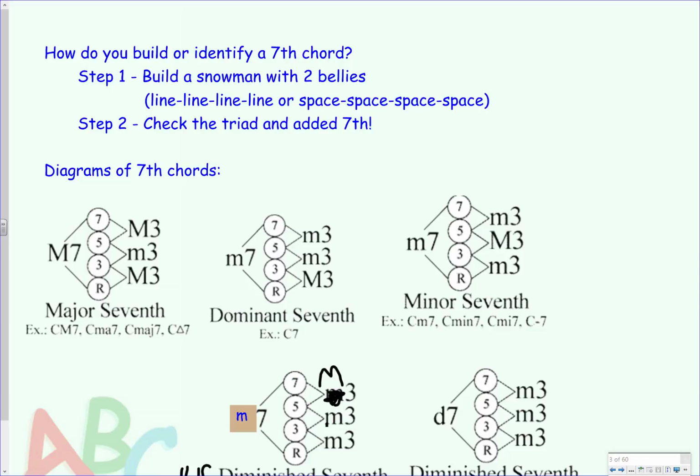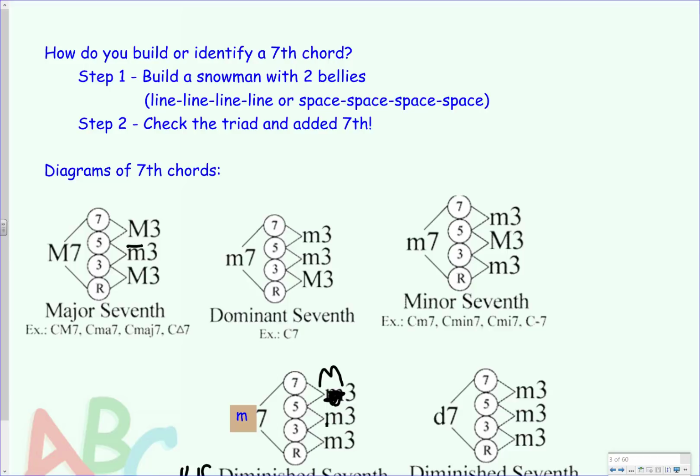R means root, 3 is 3rd, 5 is 5th, and 7 is 7th. So in our major 7th chord, we have from root to 3rd, a major 3rd, from 3rd to 5th, a minor 3rd, and from root to 7th, a major 7th.